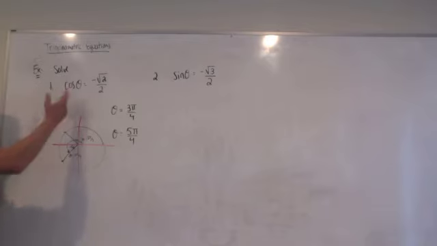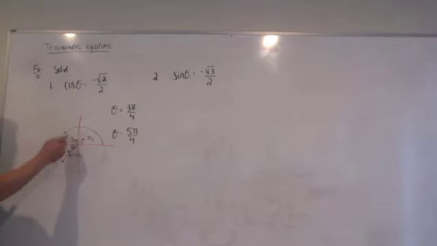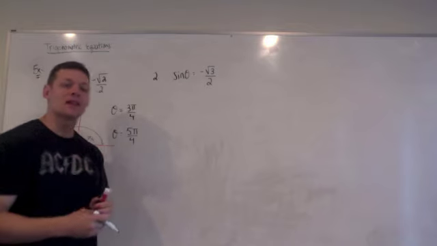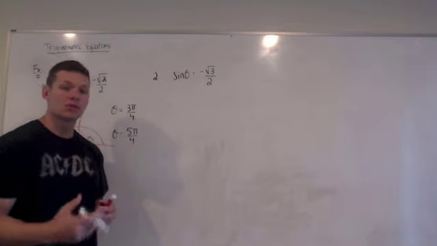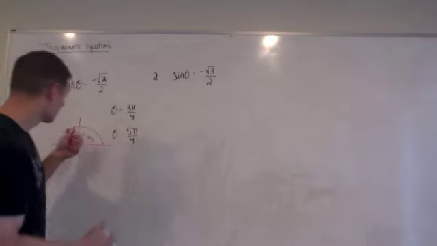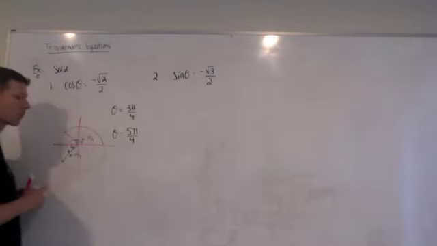And this just says solve, which means I want all the possible solutions. Or if I went 3 pi over 4 plus 4 pi, or 3 pi over 4 plus 6 pi, I'd also have solutions. So any integer multiple of 2 pi added to this gives me another value with the same terminal point.